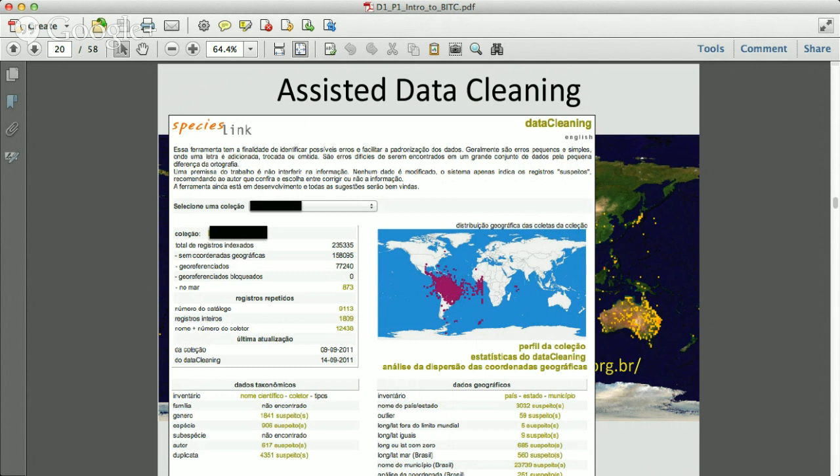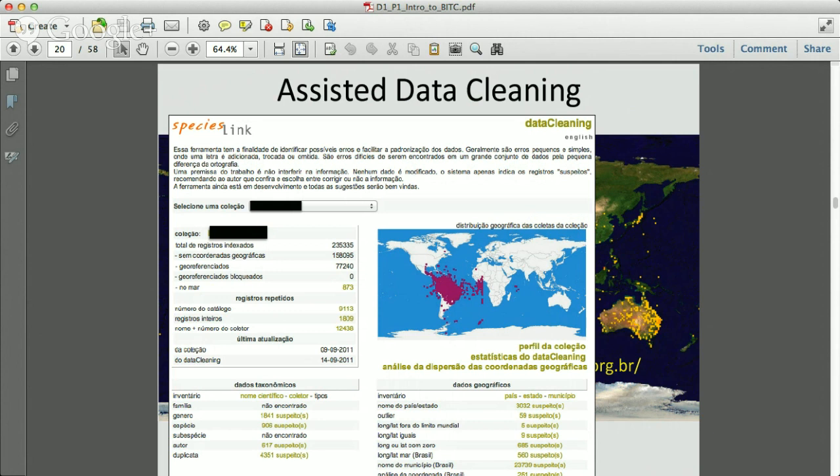And so here you see a Species Link summary of the holdings of a particular collection. You notice that I have blacked out the identity of the collection. But you can see number of records, and then down here, for example, number of records with an uncertain country or state.